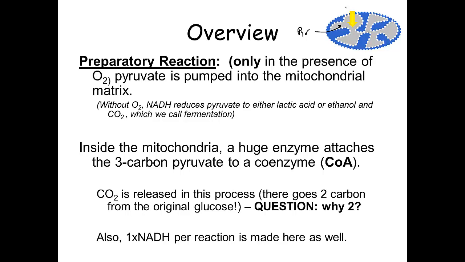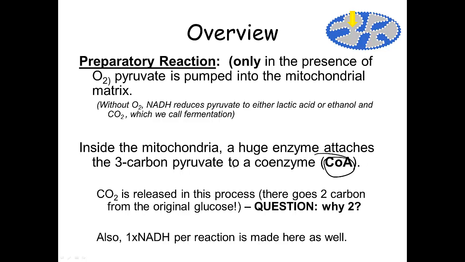Without oxygen, NADH reduces pyruvate to either lactic acid or ethanol and carbon dioxide, which we call fermentation. Again, we'll get to that later. Inside the mitochondria, a huge enzyme attaches a 3-carbon pyruvate to a coenzyme called coenzyme A, or CoA.